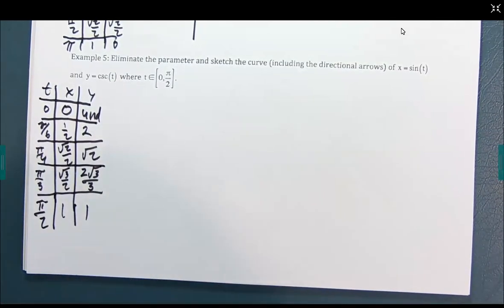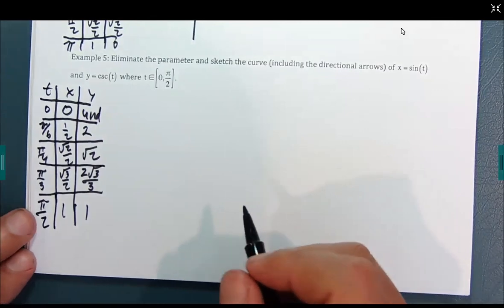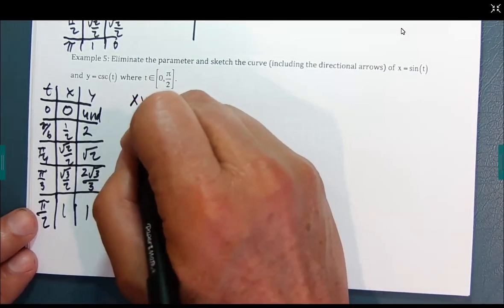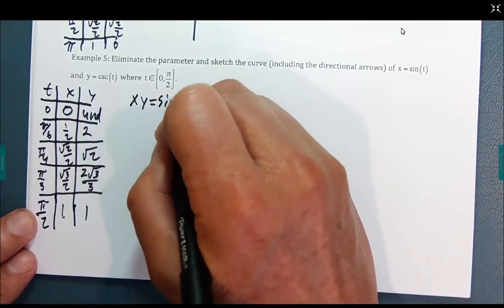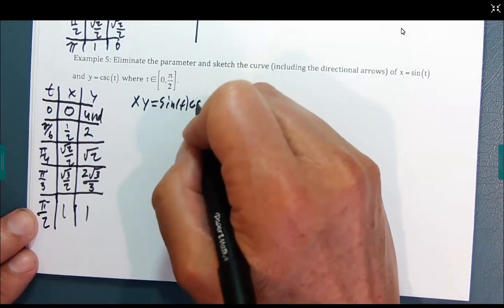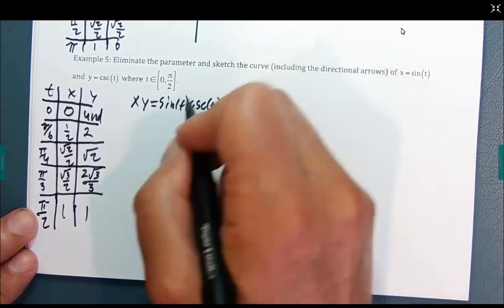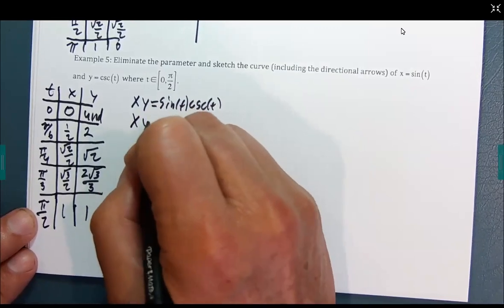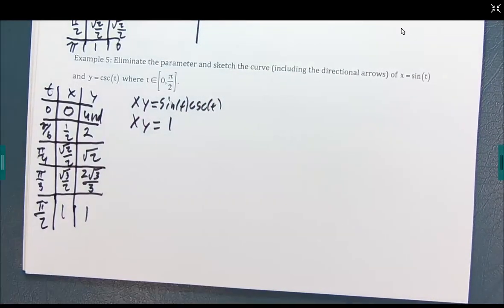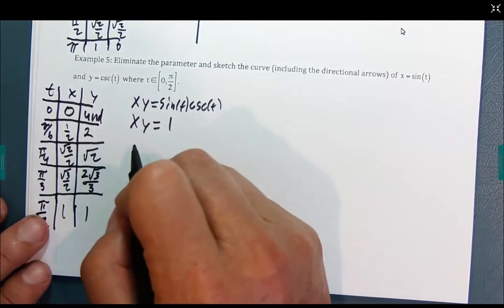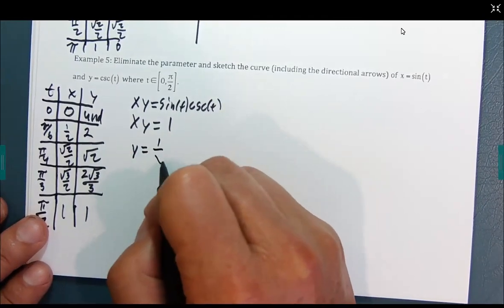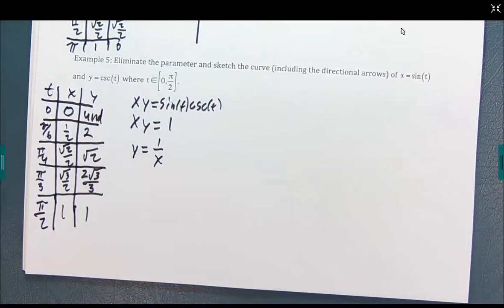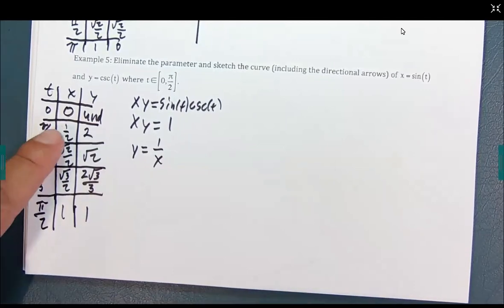Now let's eliminate the parameter so we get an idea of what it is that we're doing. I notice if I take x times y, that's sine t times cosecant of t. Remember, they're reciprocals, so this is just xy equals 1. And this becomes y equals 1 over x. So we know that x can't be 0, right? We have a problem.